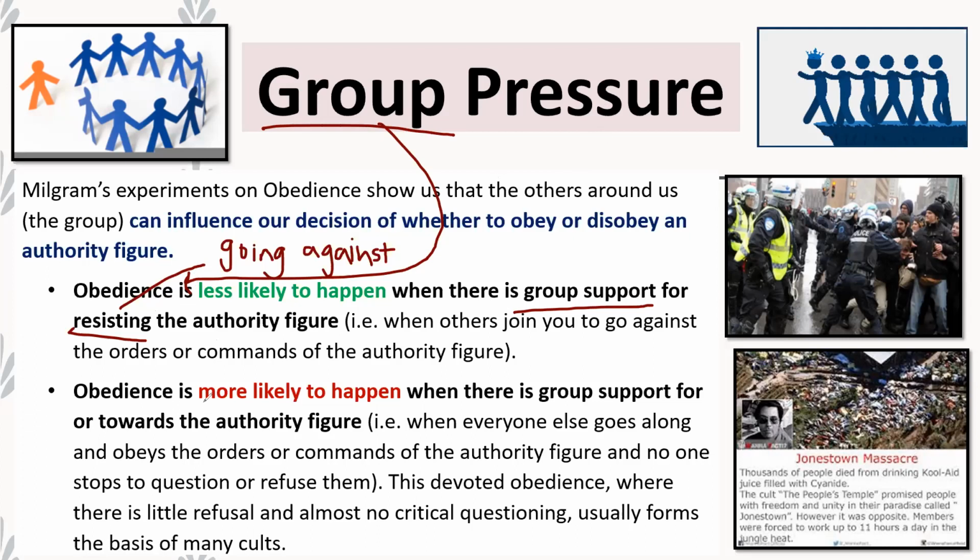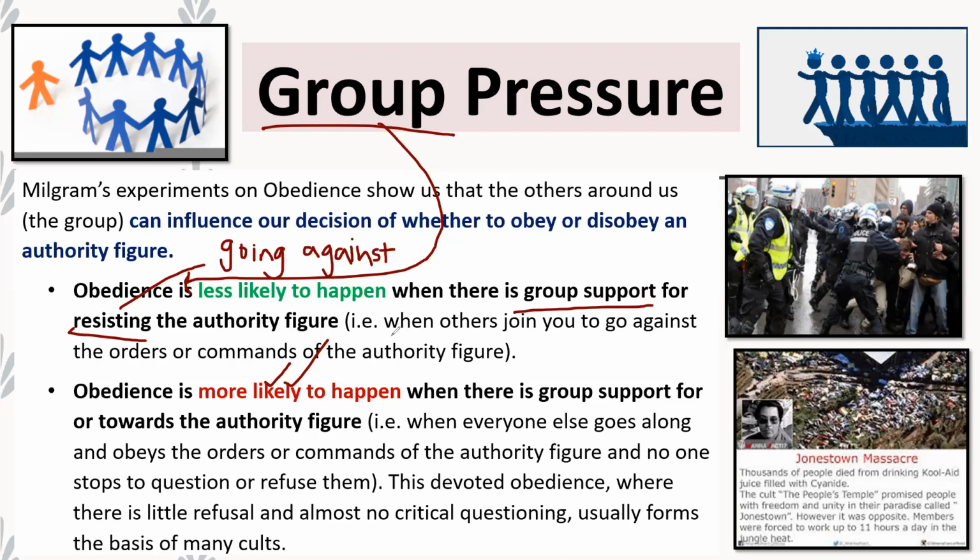Okay, obedience, on the other hand, is more likely to happen when there is group support for or towards the authority figure. So if no one is going against the authority figure, obedience is more likely to happen. So just looking at the previous example, if you were in a room with two other people and you were protesting to the experimenter and saying, I don't want to go on, this is wrong, but the other two teachers in the room with you were saying, what are you talking about?